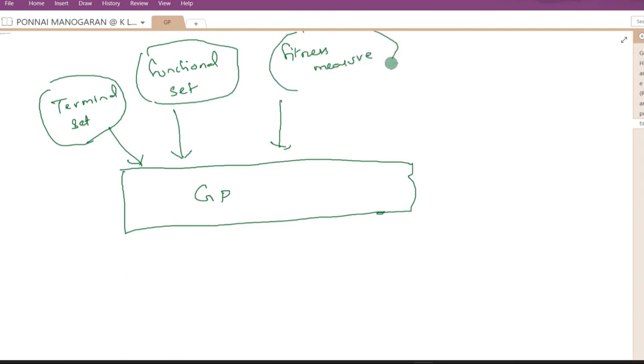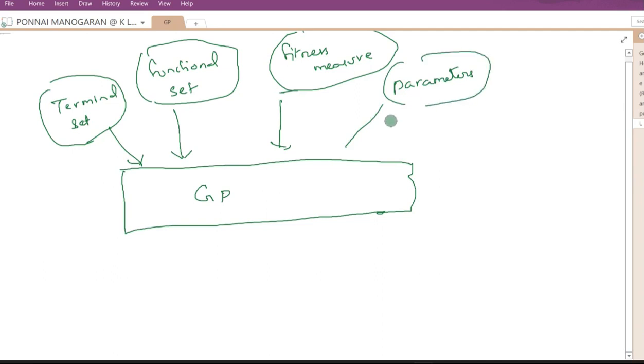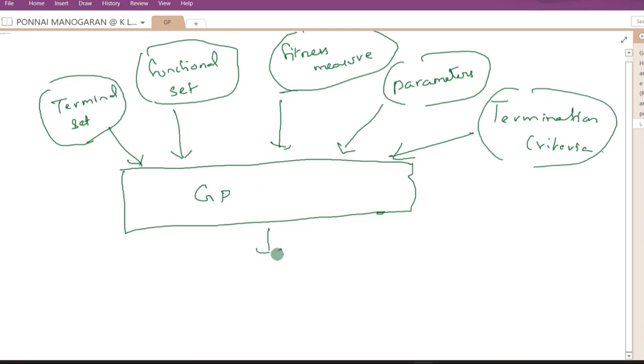What is the quality measure you are going to use for evaluation? And then parameters. You need to supply the parameters. You need to input the termination criteria. Once you specify all these things, your genetic programming will generate a new, novel, optimized computer program. So this is how a GP system works. Okay.